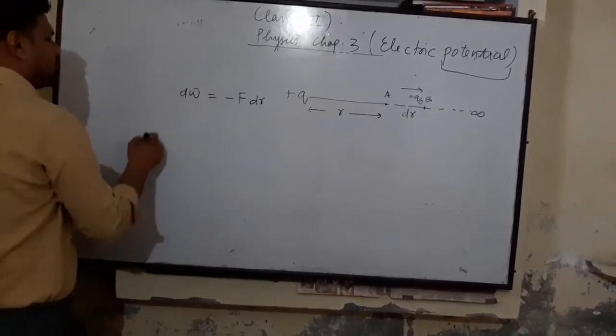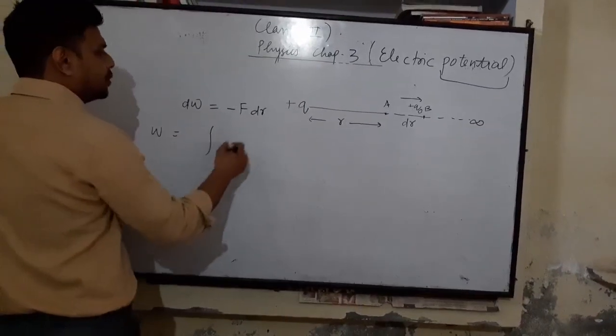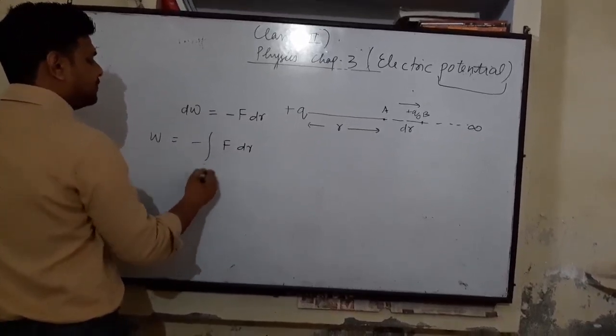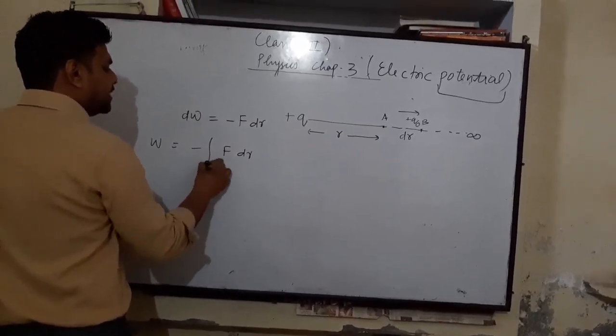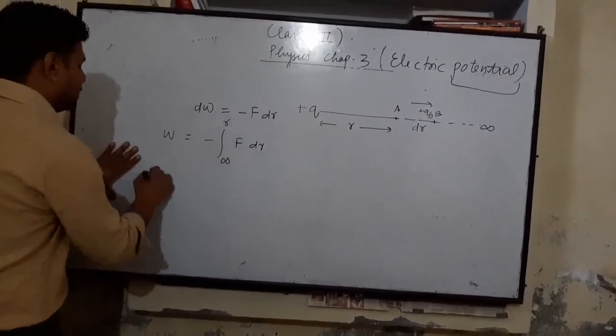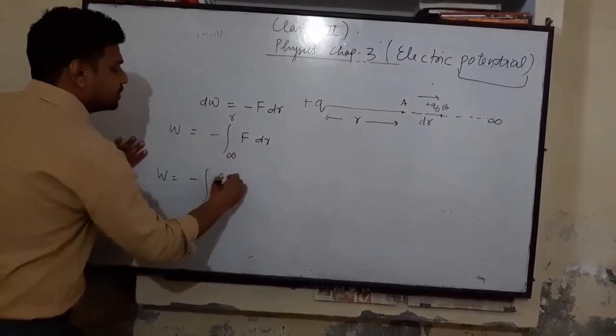Now the total work done W is given by the integration of F dr from infinity to r. And what is the formula for force between two charges?